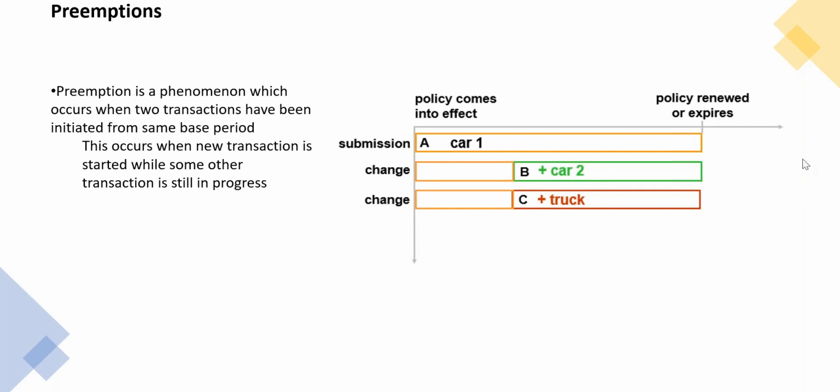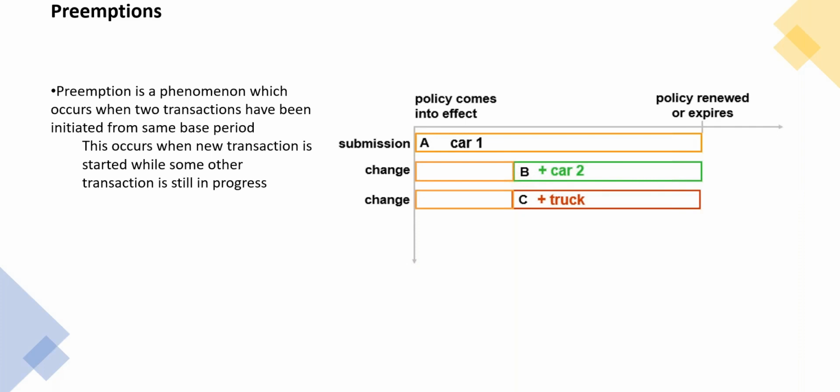Okay, so preemption basically is when two transactions run simultaneously. Let's say after 3 months, this guy wants to add one car here. Let's say this is the actual date, and you are going to take a policy in Feb.